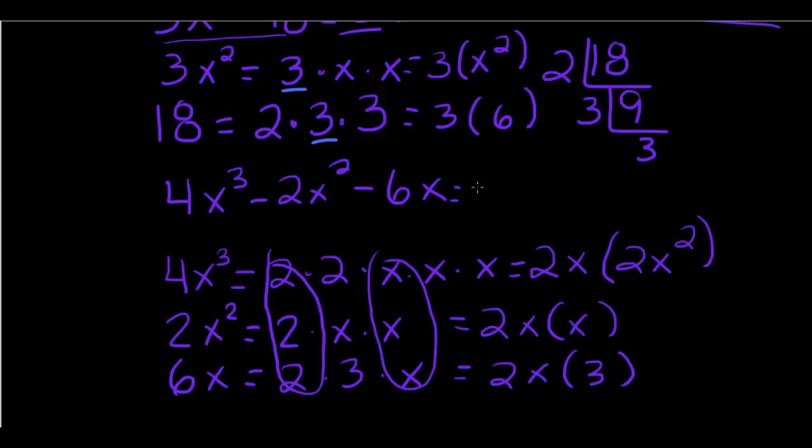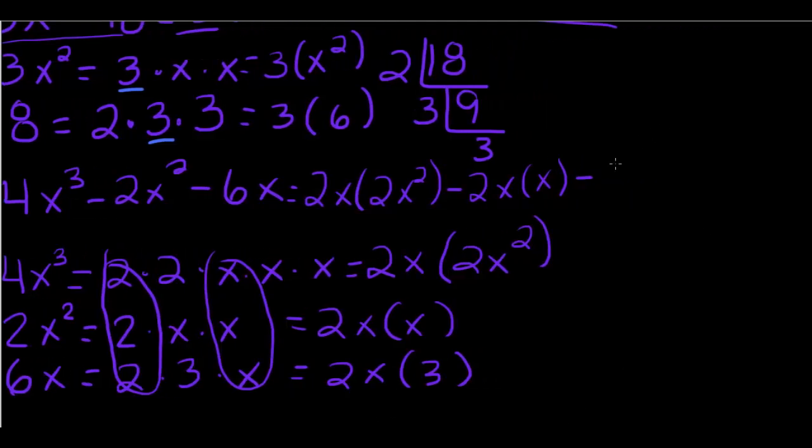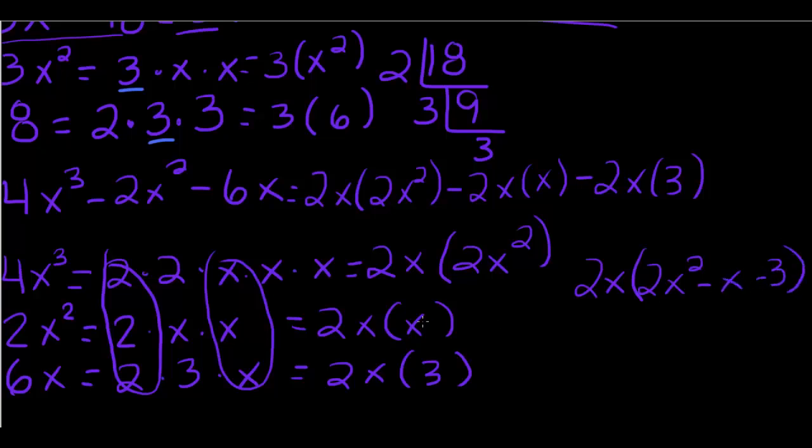So I'm going to rewrite this as 2x times 2x squared minus 2x times x minus 2x times 3. So what do all 3 kind of have in common? Well, the 2x. So that's what we're going to factor out. So it's going to be 2x, and then in parentheses, 2x squared minus x minus 3, and that's the answer.